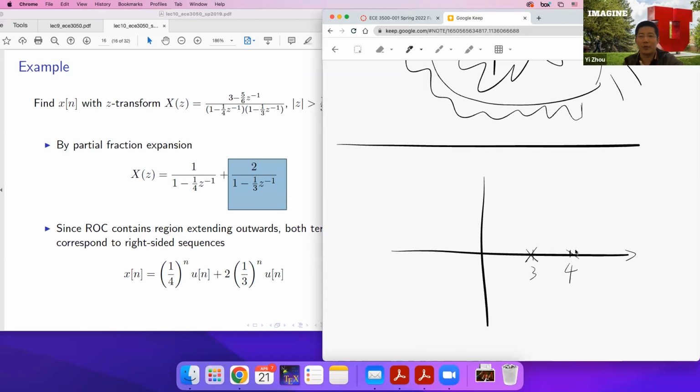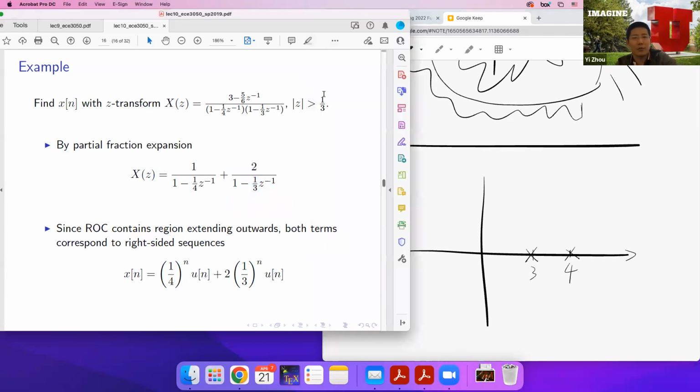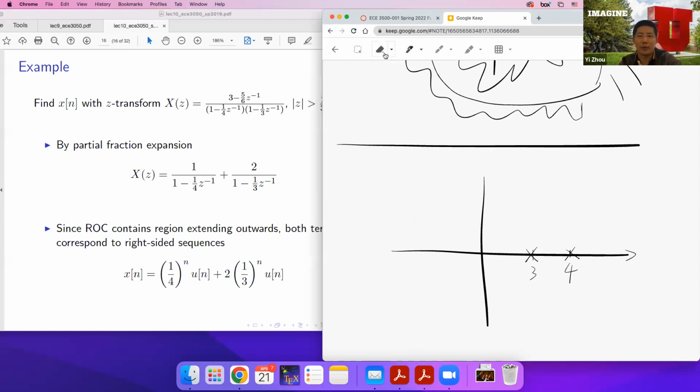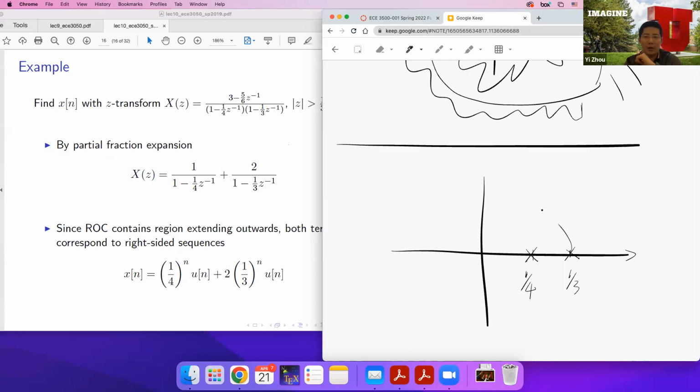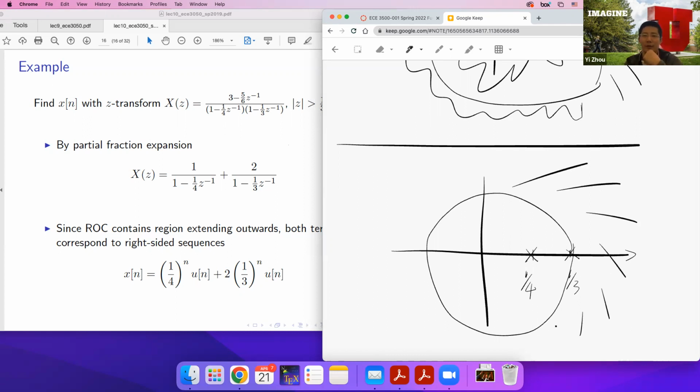These are the two poles, but the overall ROC is given by outward of the outermost pole. It's given by this one.